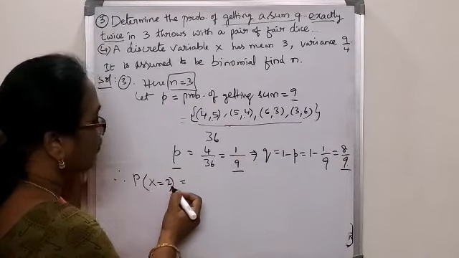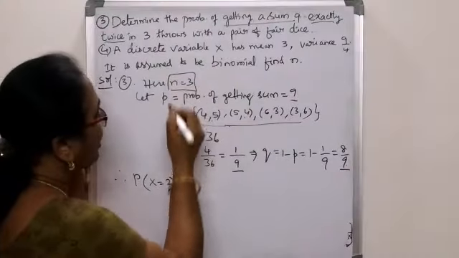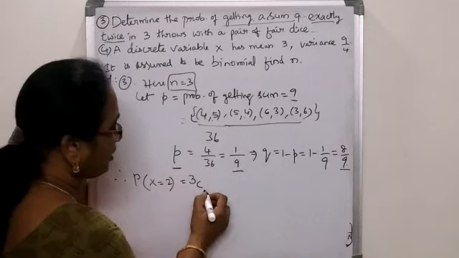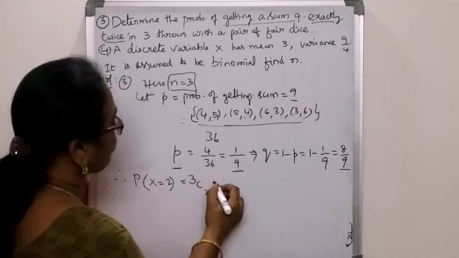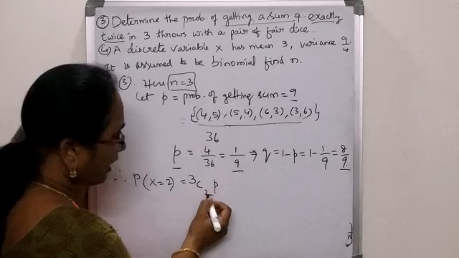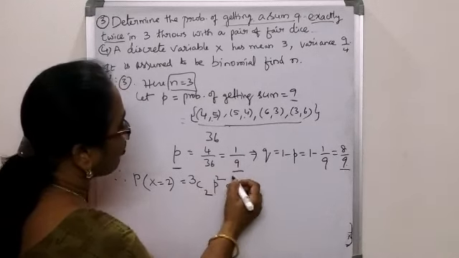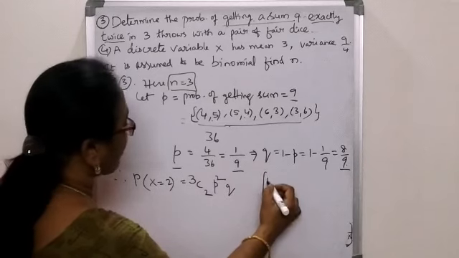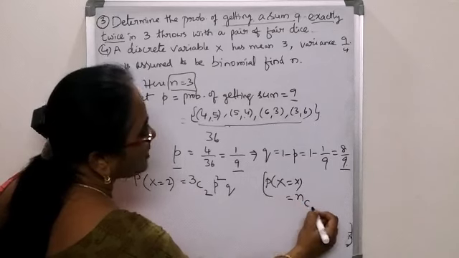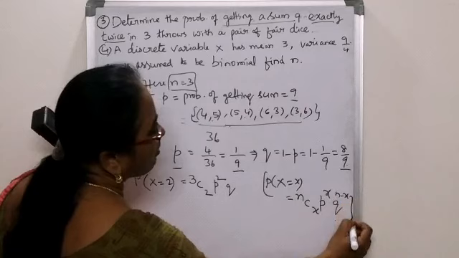So P of X equal to 2 according to binomial distribution, with given n equal to 3, is 3C2, p power x, that is 1 by 9 to the power 2, next q power n minus x. This is the formula: P of X equal to x is nCx into p to the power x into q to the power n minus x.